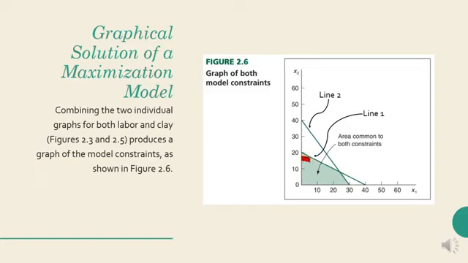yung tinatawag nating feasible solution. Dito yun, sa loob ng nandyan sa within the area ng dalawang linya na ginawa natin. Yung tinatawag naman nating infeasible solution, okay, nandito naman.